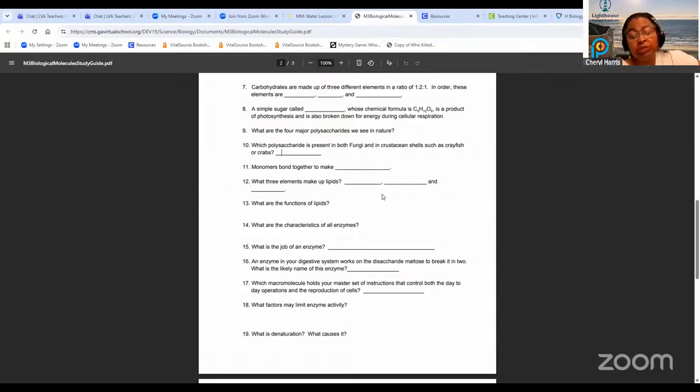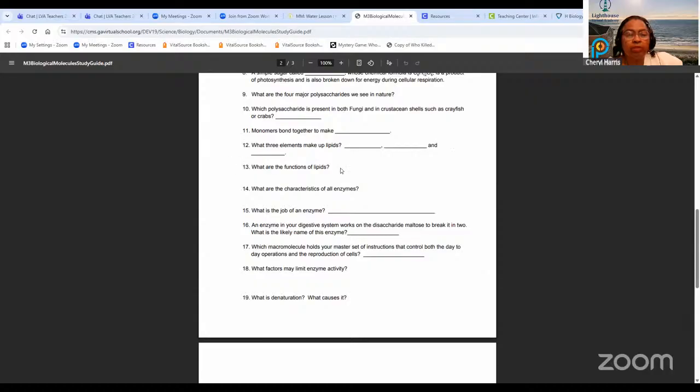Lipids are just long chains of carbon, hydrogen, and oxygen. Every once in a while, we stick in a phosphorus, but that's for particular lipids. Most lipids, fats, and oils are just long chains of carbon, hydrogen, and oxygen. What is their function? We need to be specific. Somebody tell me, what is the function of a lipid?